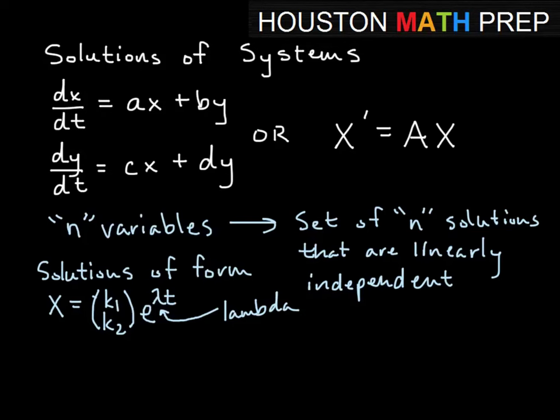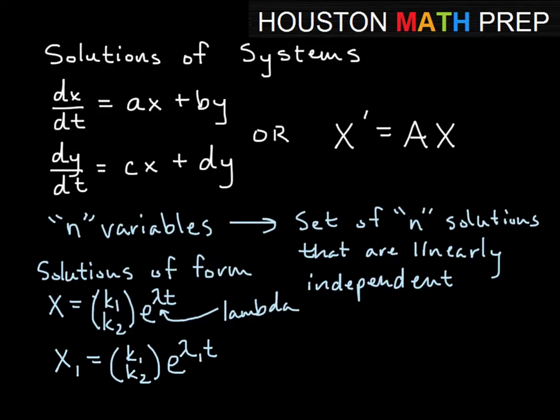So if we have, let's say, two variables, we would have an x1, which would be some solution. We have some constant for x, maybe some constant for y, and that would be times e to the lambda, I'm going to call this lambda 1, times t.